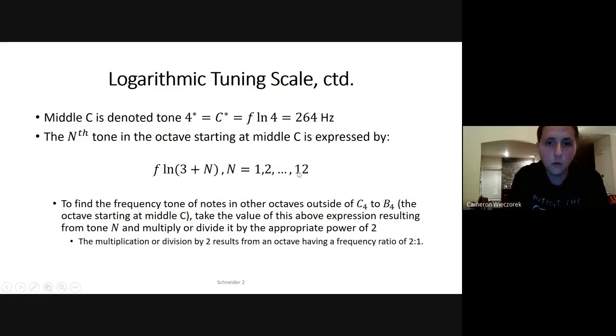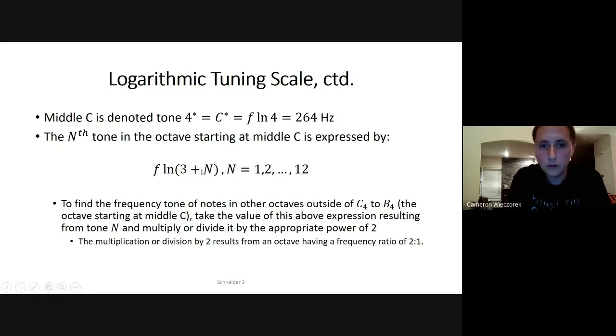And this would work all the way up through the 12th note in the scale, which would be B. And then you don't need the list to continue on, because this gives you the frequency values for the C4 to B4 octave span from here to here. Anytime you want to go lower than C4 or higher than B4, all you need to do is take the frequency value for the specific note in the C4 to B4 scale and multiply or divide it by the appropriate power of 2.